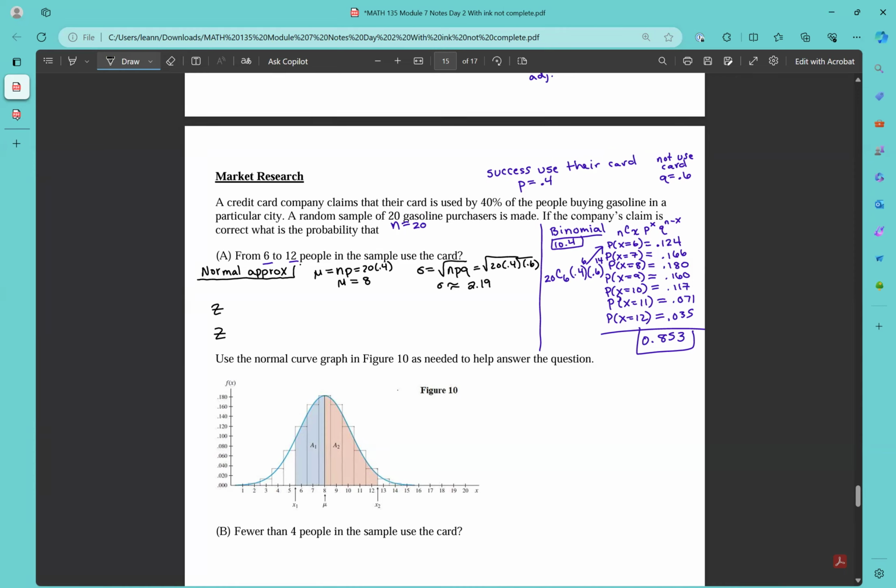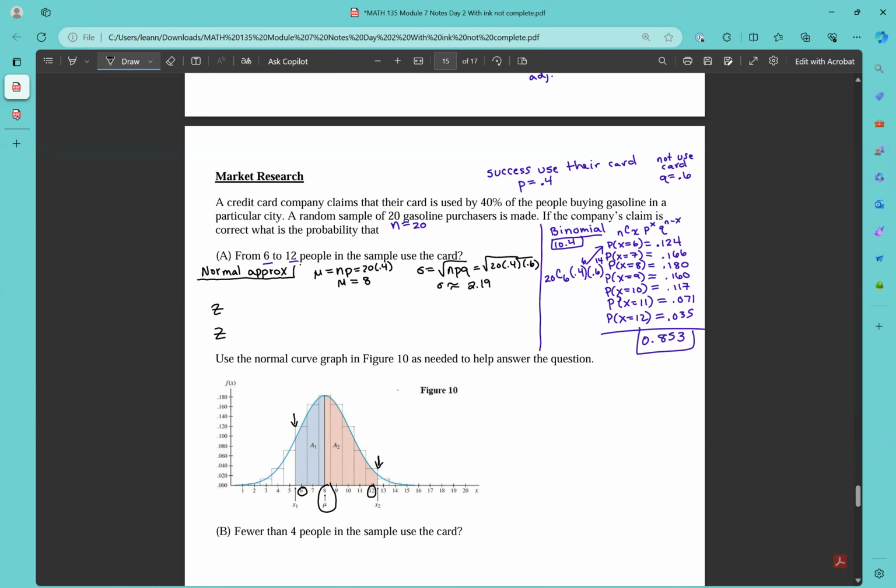You can see the probability peaks out at the mean right there. So that's the highest one. 8 is the mean. Notice that the bar for 6 actually goes further down. The histogram bar ends here, okay? And the histogram bar for 12, which is this value, it actually goes a little further than the number 12.